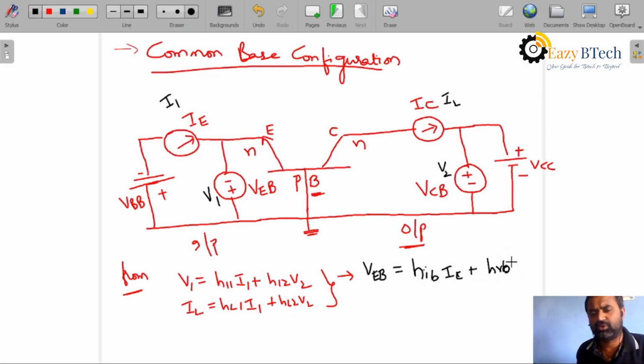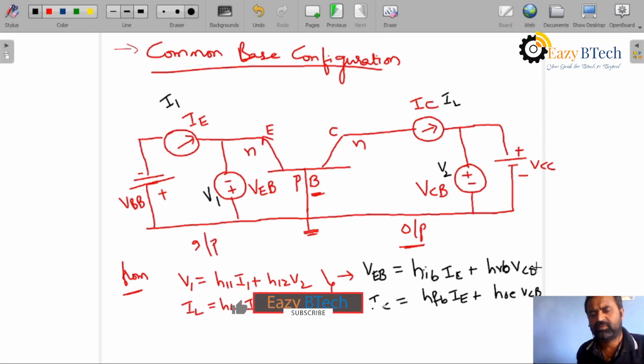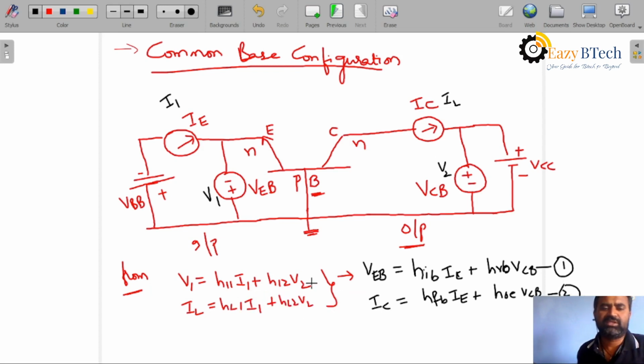V2 means output voltage VCB. Next, output current IC is equal to HFB IE plus HOB VCB. This is equation 1 and this is equation 2.